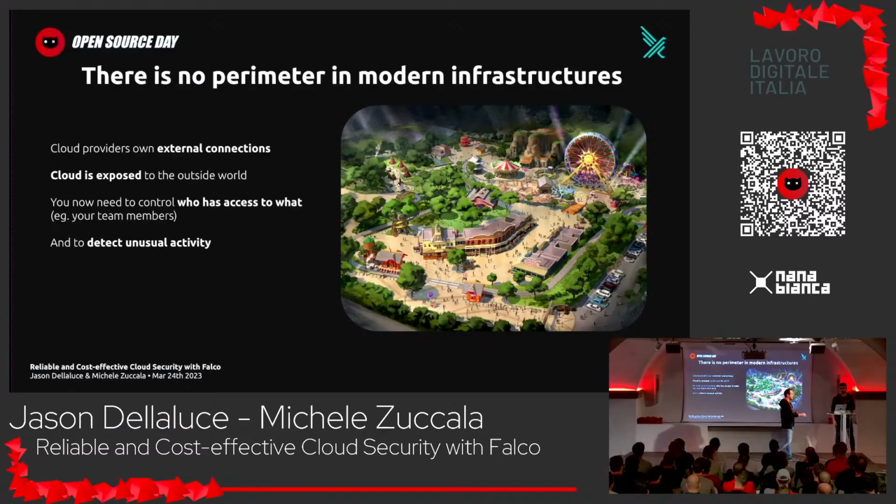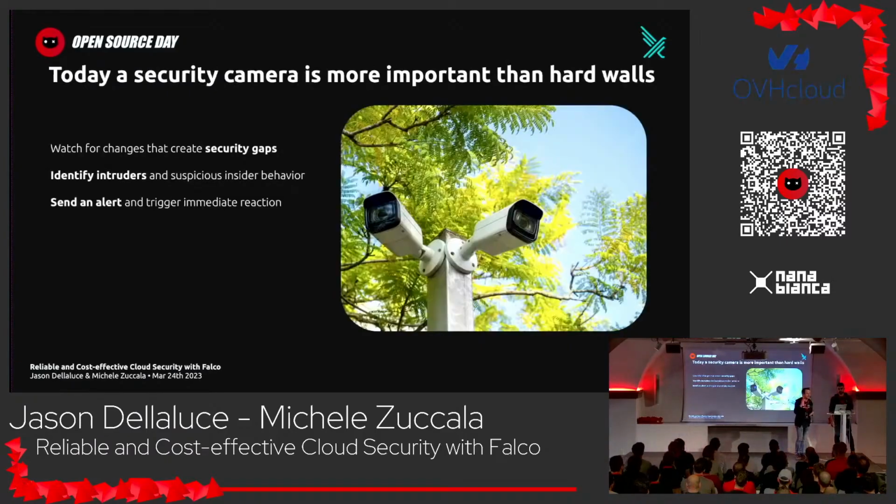So basically, here enters Falco. Today, instead of walls, you want security cameras. In your amusement park, you try to put the highest number of security cameras in every single angle, have them reporting every security incident, malicious situation, or something that triggers a suspicion in real time, and have a centralized point of observation where you can detect anomalies going on.